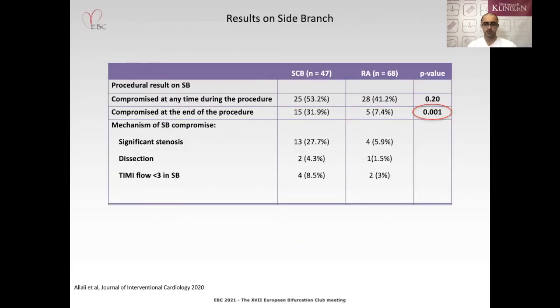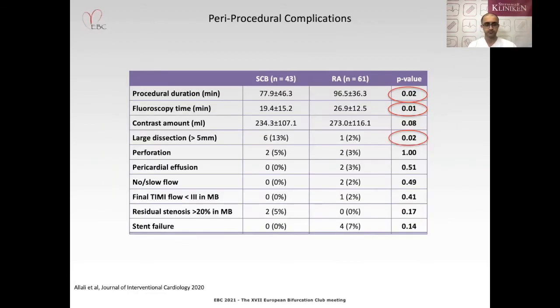Concerning the primary endpoint of this analysis, compromised side branch at the end of the procedure was significantly higher in the scoring cutting balloon group with 31.9% compared to rotational atherectomy group with 7.4%, and that was mainly due to a higher rate of significant stenosis at the end of the procedure.